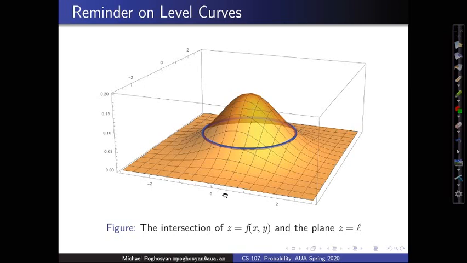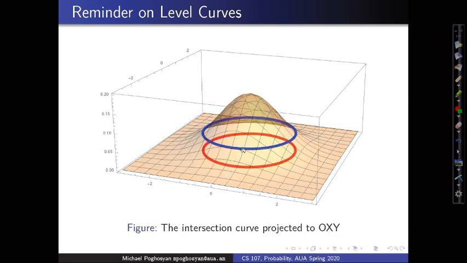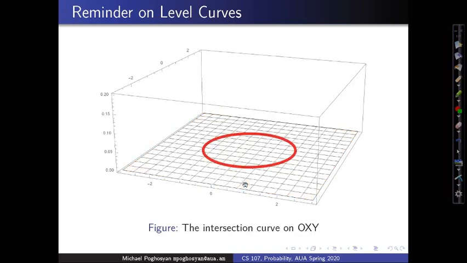And next, this is not yet the level curve. The level curve is in 2 dimensions. We are projecting this. So I'm calculating the projection of this on the xy-plane. And I'm just leaving this red.